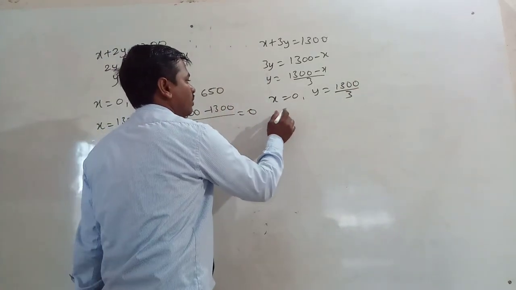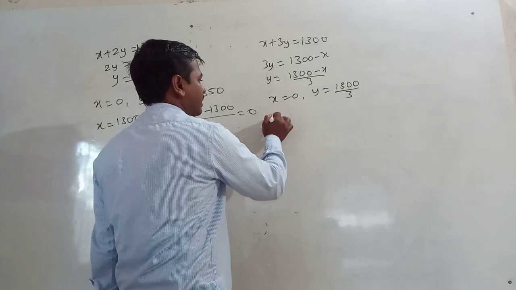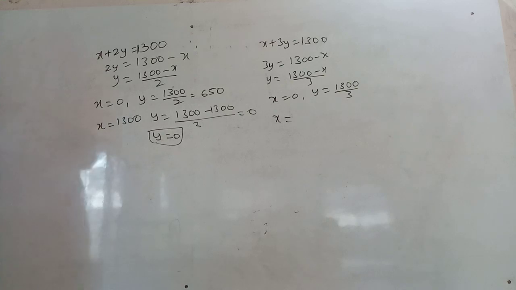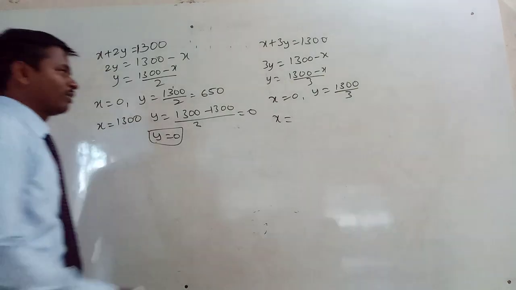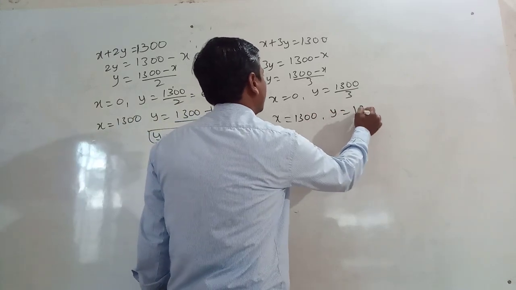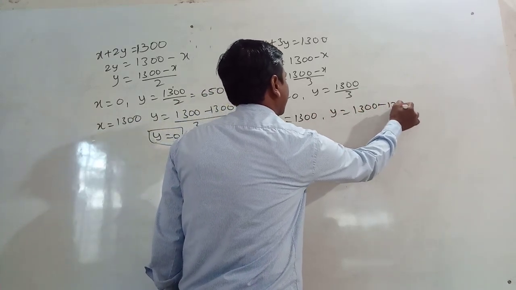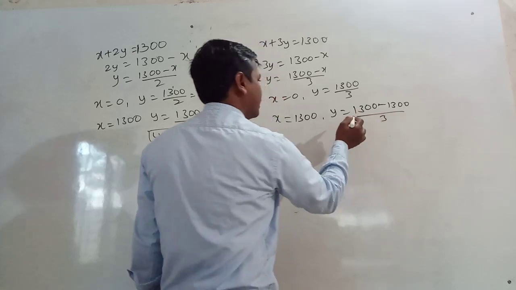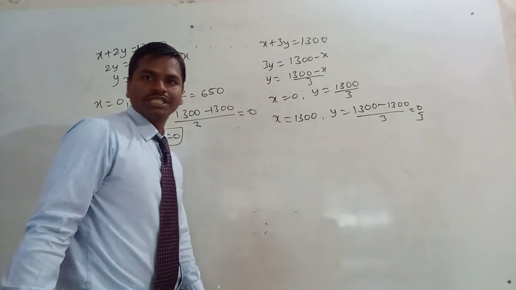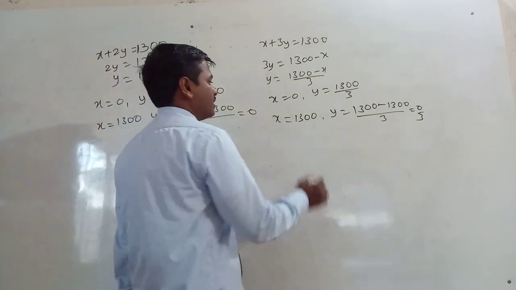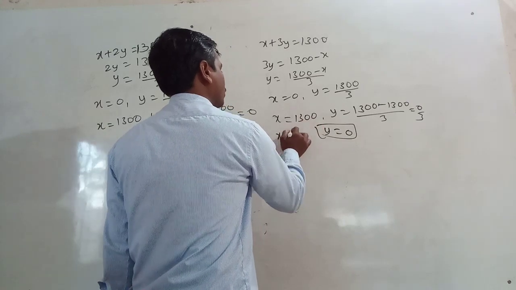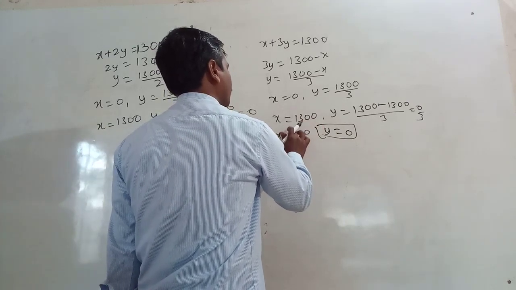When x equal to 1300, y value equal to 1300 minus 1300 divided by 3, that is 0 by 3, which is 0 only. So x equal to 1300, y equal to 0.